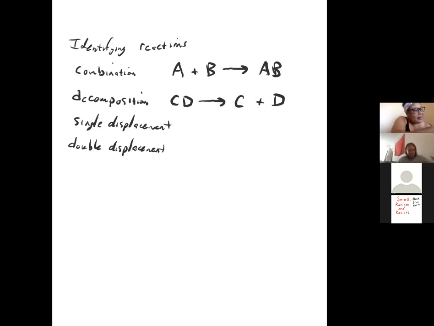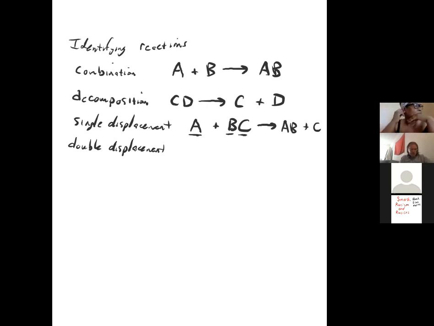Meaning more types. Single displacement is where you have something that's usually an element and it reacts with a compound, okay? And it will displace, which means changes partners. So you'll get something like AB plus C. So see what happened? This guy, which is single, is displacing the B from the C, right?